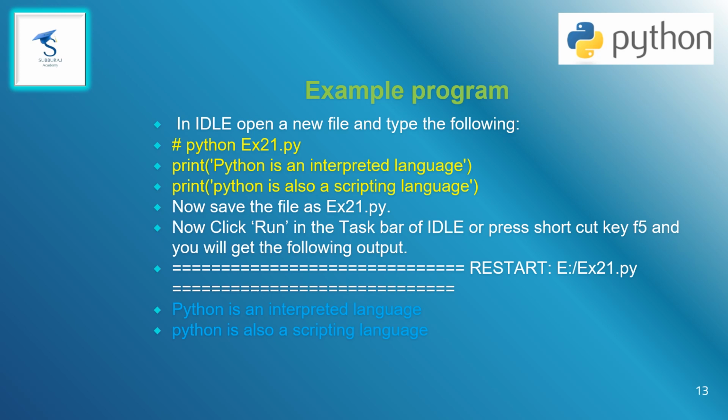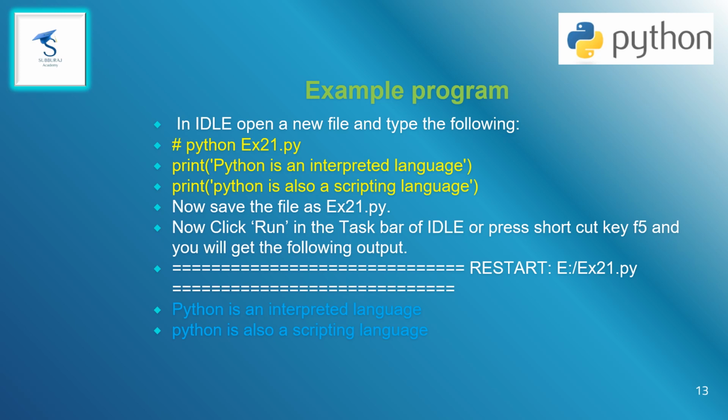So let's take an example program. Call IDLE from your desktop and say File, New. Type all this. Hash means comment. You can write whatever you like here. Then I have a print statement: Python is an interesting language. Another print: Python is also a scripting language.